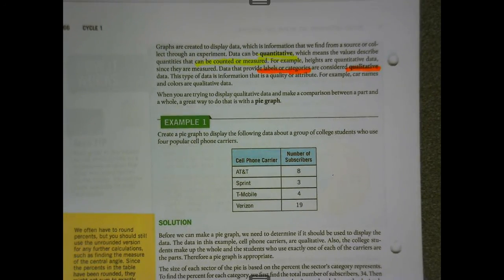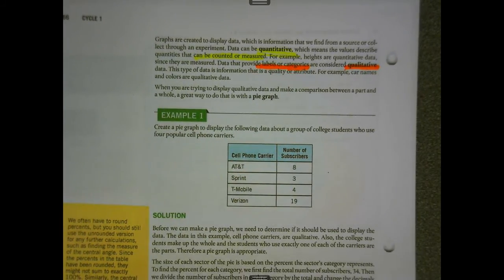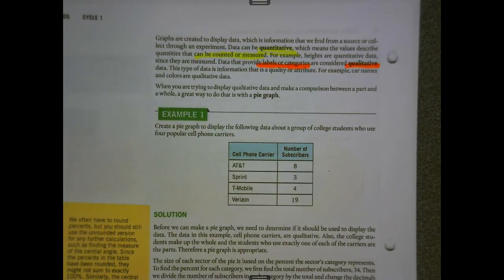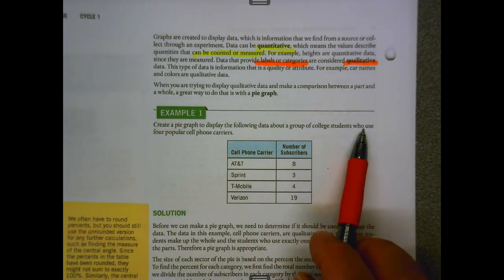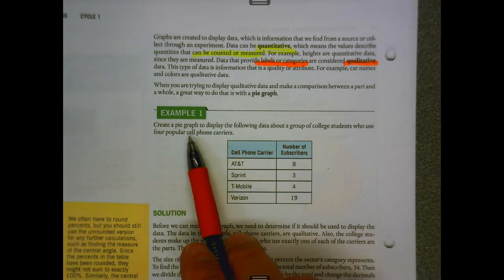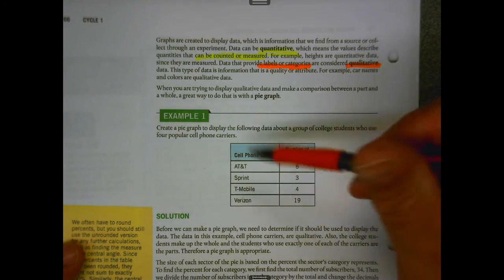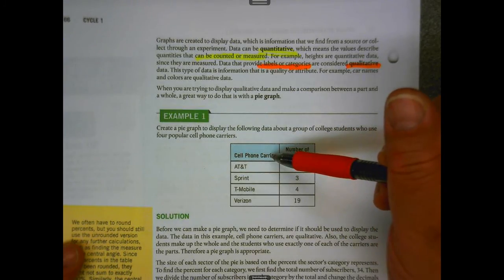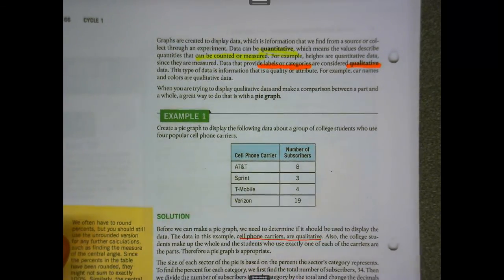Create a pie chart to display the following data about a group of college students who use 4 popular cell phone carriers. First of all, the name of the cell phone carrier is qualitative data. Now, for the college students, we can use the part to whole to make our pie chart, and that's a key for a pie chart: to have that part to whole.